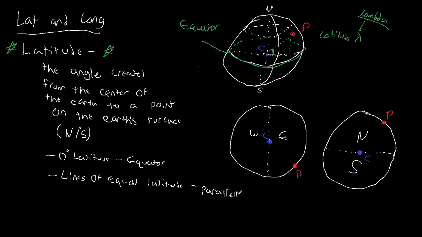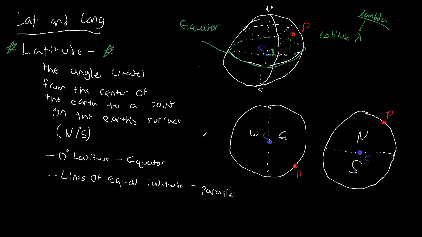So again, latitude is the angle created from the center of the Earth to a point in the north-south direction. 0 degrees latitude is the equator, and any line of equal latitude, north or south of the equator, is called a parallel.